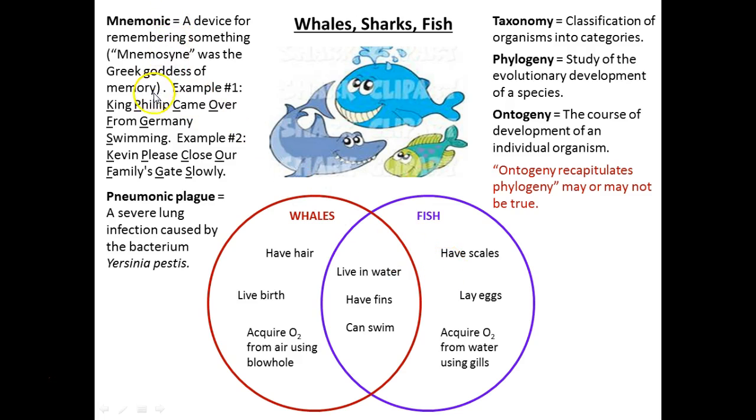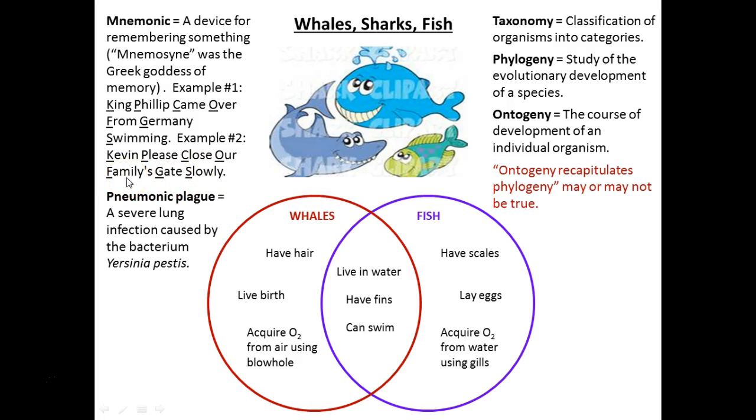So some of us learn little sayings known as mnemonics to help us remember things. So a saying that another friend learned for remembering the classification scheme of kingdom, phylum, class, order, family, genus, and species is King Philip came over from Germany swimming. The one I remembered as a kid was King Kevin, please close our front gate slowly.